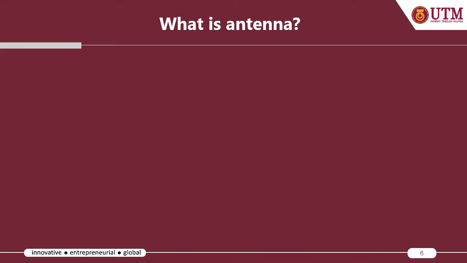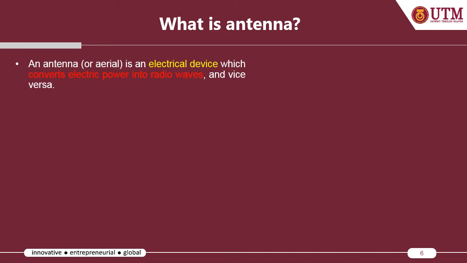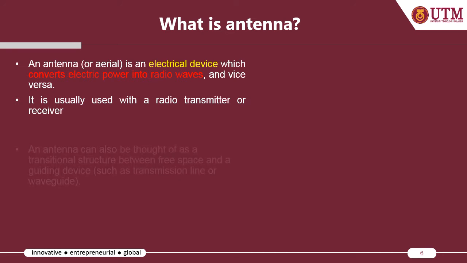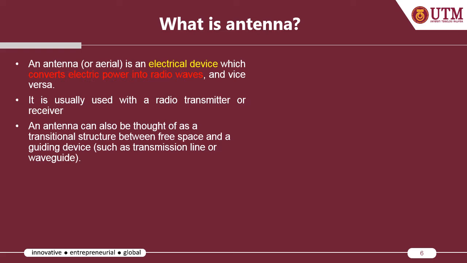So what is an antenna? It is an electrical device which converts electric power into radio waves prior to transmission, and vice versa, meaning that at the receiving end, the radio waves will be reconverted back into its original signal for reception.